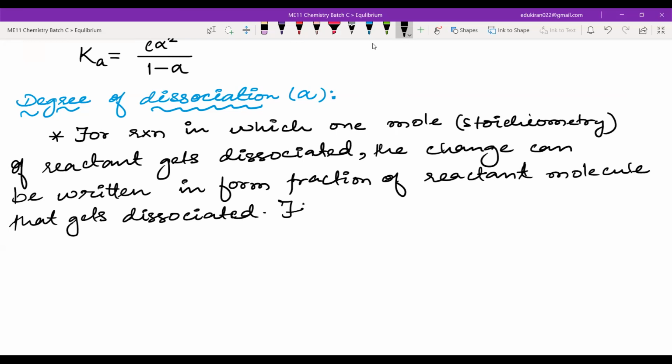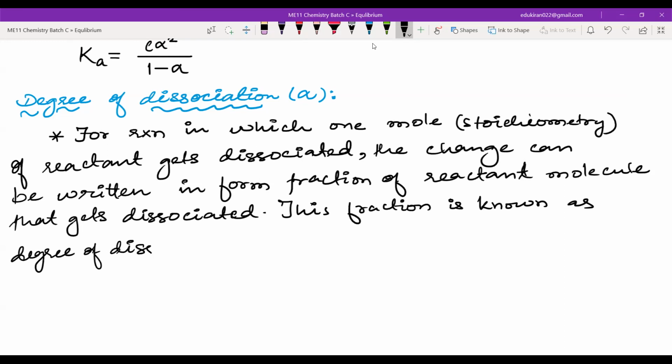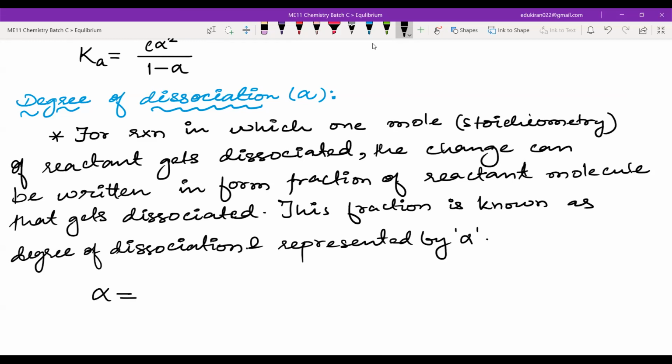This fraction is known as the degree of dissociation, and is represented by alpha.